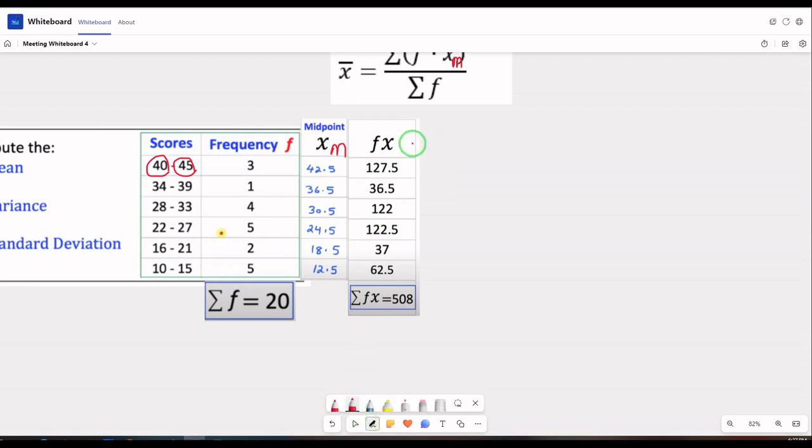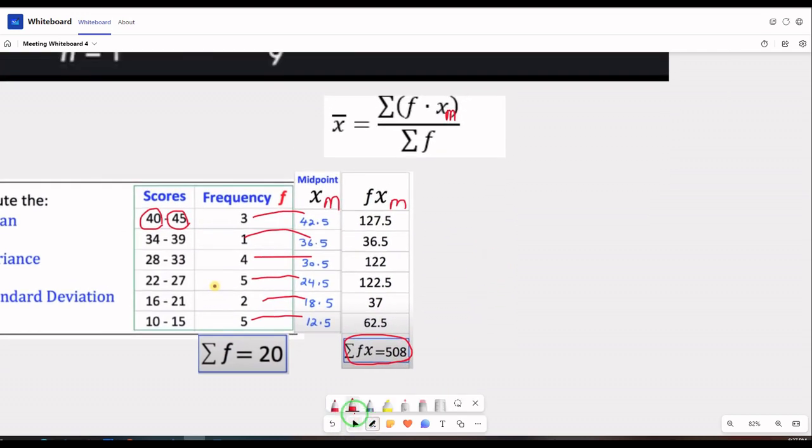I multiplied xm by its associated frequency. So every row is considered separately. Then after finding all these values, you add all of these values together. Compare this value that you calculated here with your formula.